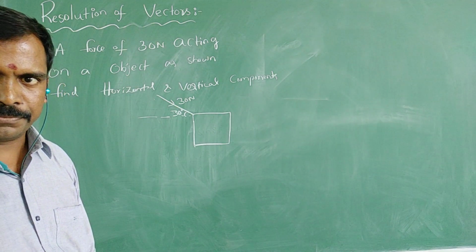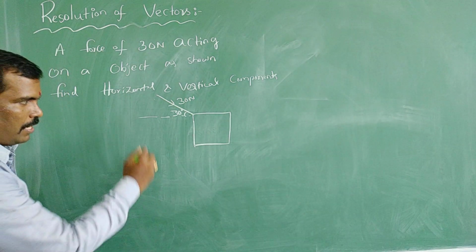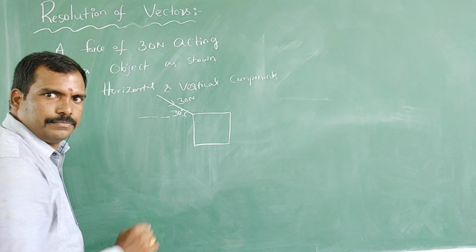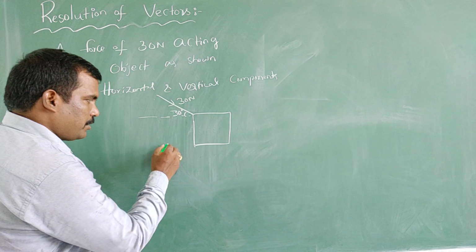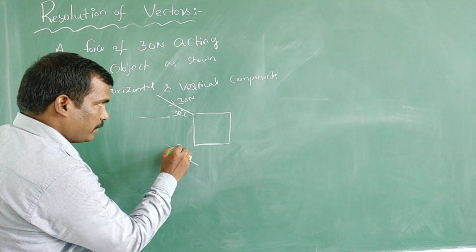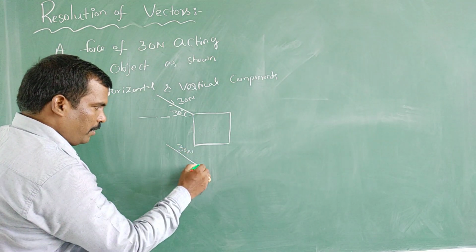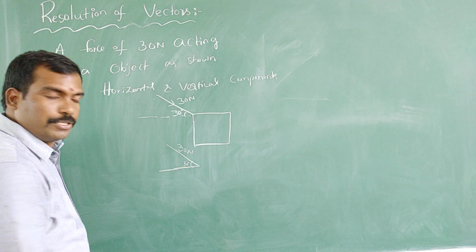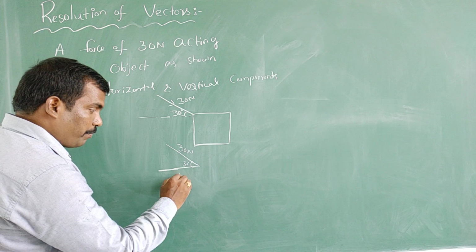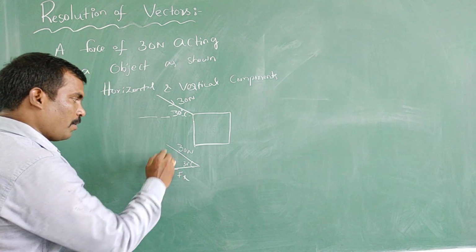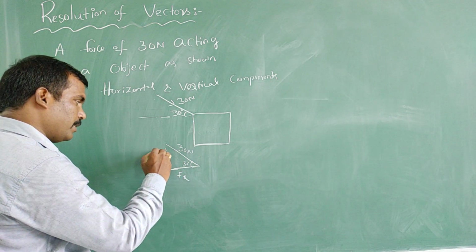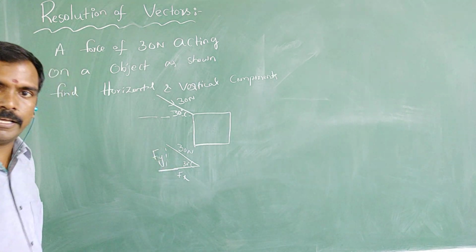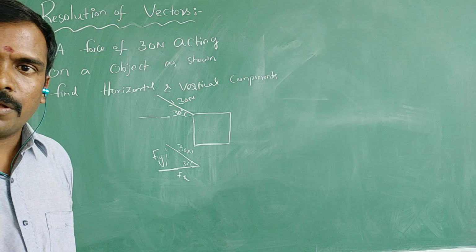Simple, students. Here again we have to form a triangle. This side is the 30 Newton force, making an angle of 30 degrees here. The horizontal component is Fx, and the vertical component is Fy.